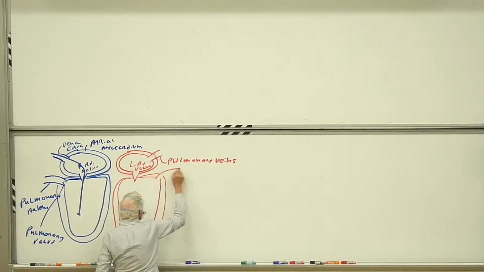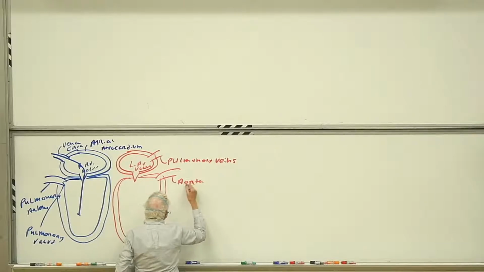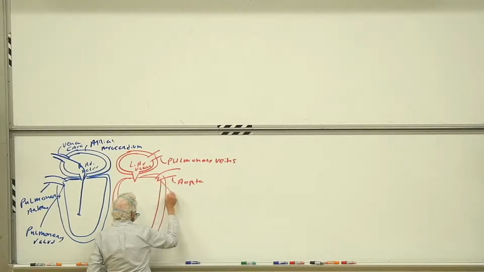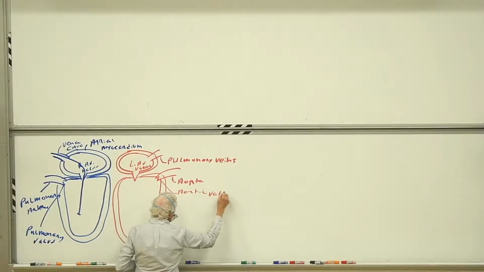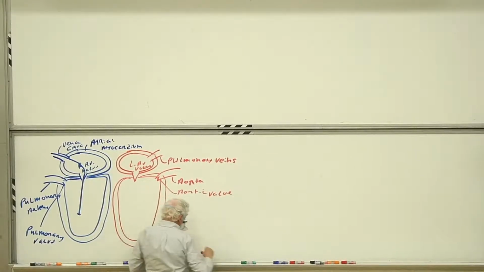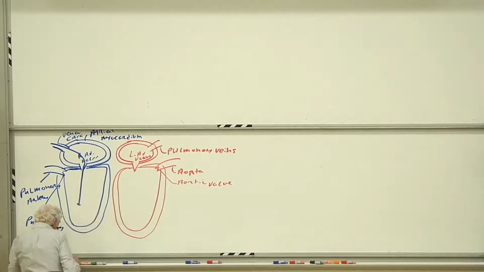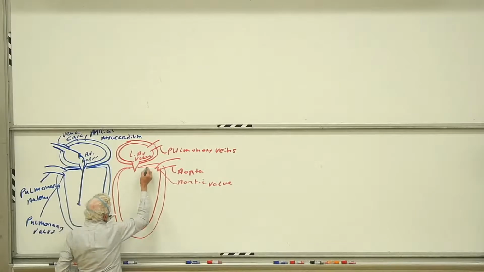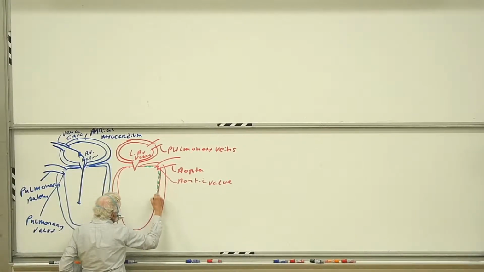The output here is into the aorta. And at the interface there is the aortic valve. We drew all that yesterday. And where we closed, and I won't belabor this too much, is that the chambers are all lined with a continuous layer of endothelial cells.